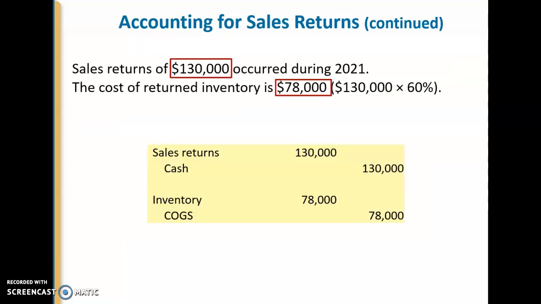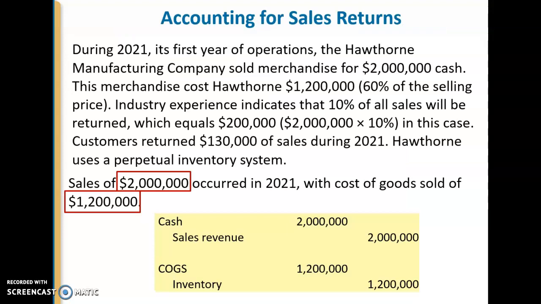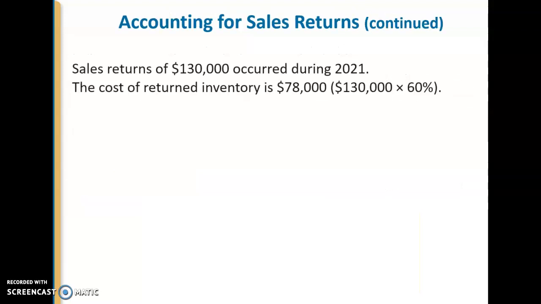And the way that $70,000 came about was we are given the fact that we estimate 10% of all sales will eventually be returned. That's $200,000. Only $130,000 of returns actually happened during 2021, leaving an additional $70,000 expected to happen, but they won't happen until 2022.